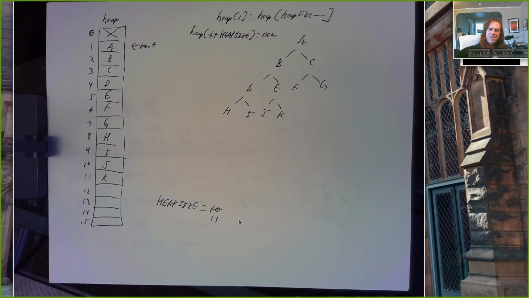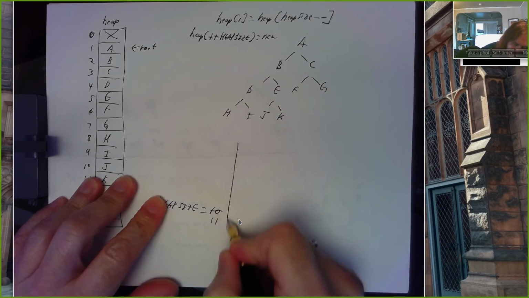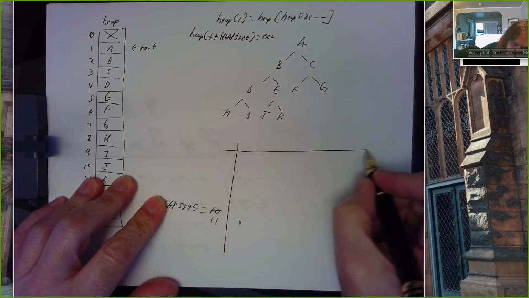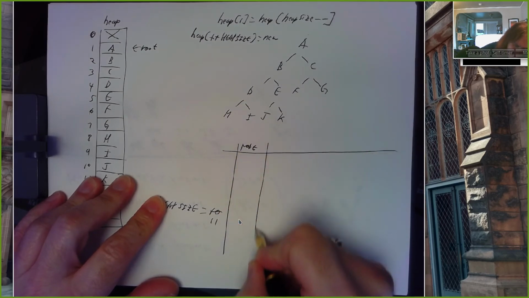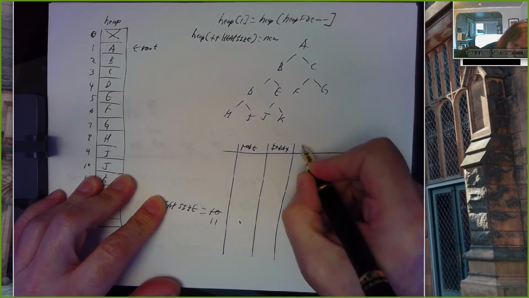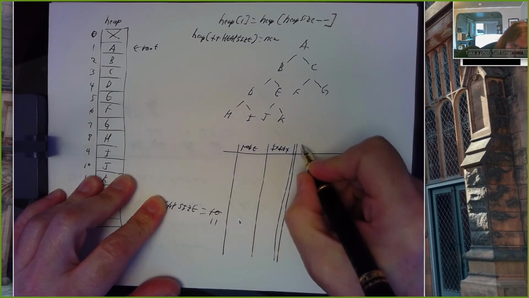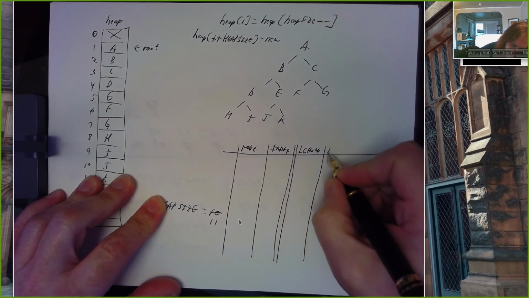The other business is down heaping and up heaping. So let's make a table. Let's make a node index. Let's look at the left child and its index.